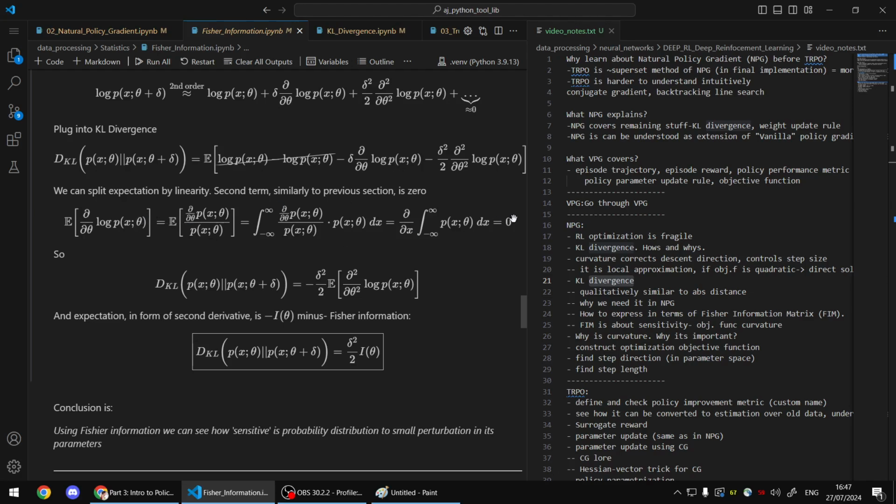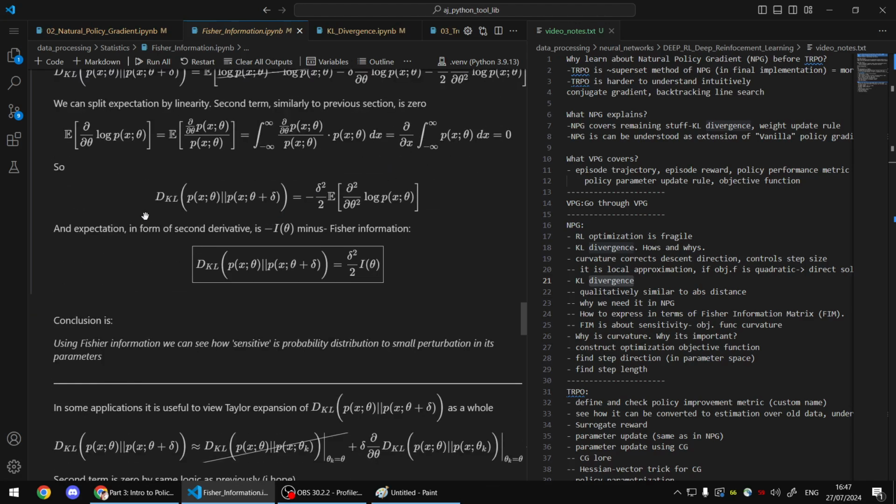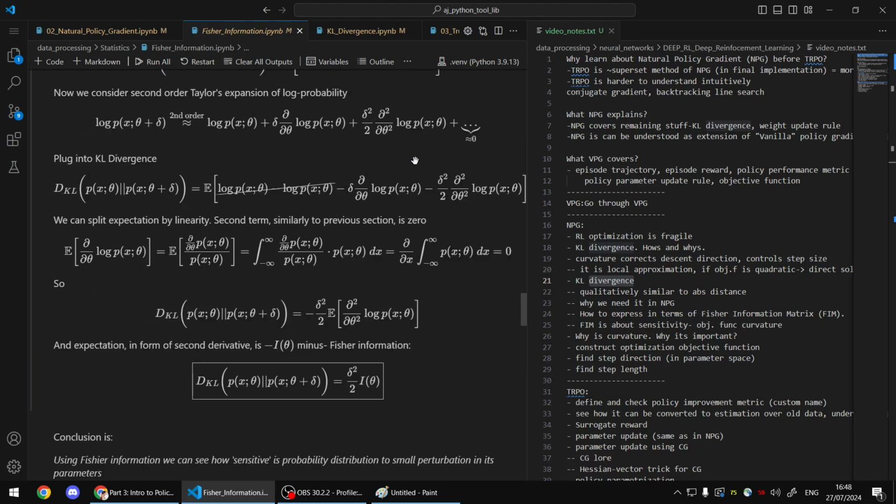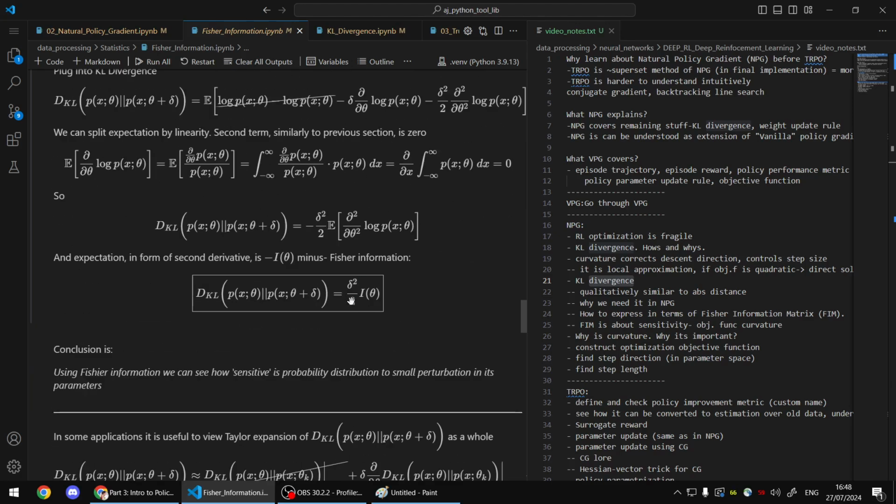Now we actually cannot repeat it. We cannot do the same here because we would have to take a derivative of this expression, and clearly nothing will cancel as beautifully as here. And it just tells us that the KL divergence of a policy and a perturbed policy is, at least approximately, up to second order, proportional to this Fisher information matrix.